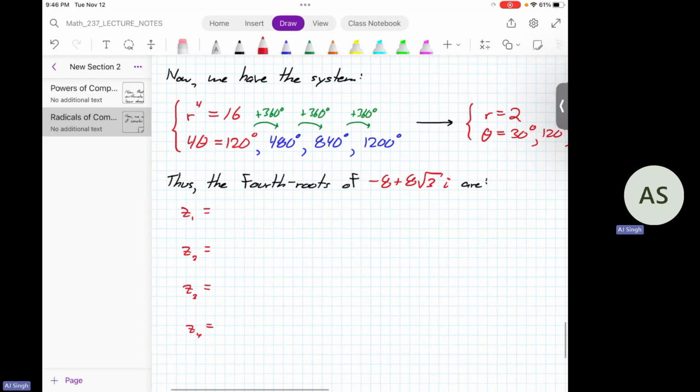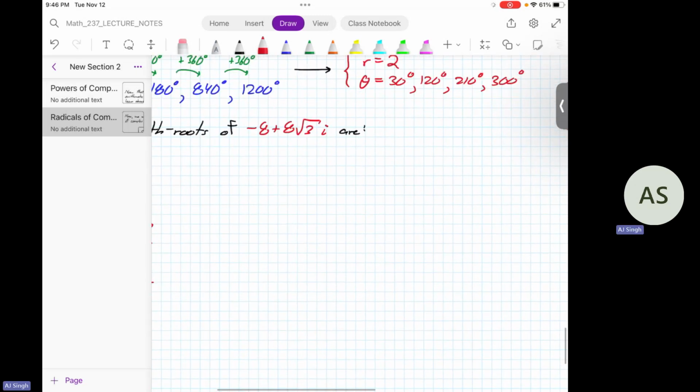R was 2, so R angle theta: 2 angle 30, 2 angle 120, 2 angle 210, 2 angle 300.